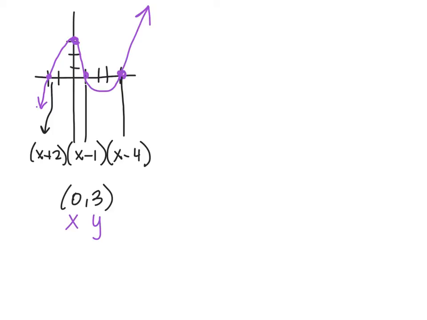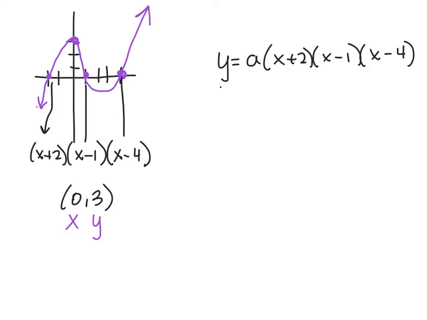So this would be an x and a y. So again, I am going to use what's called intercept form because I have my 3 intercepts. So I'm going to write it like this. I know that y equals a times (x plus 2)(x minus 1)(x minus 4). I know this is my x and y. So now everywhere there's an x, I'm going to plug in the 0, and every time there's a y, I'm going to plug in 3.